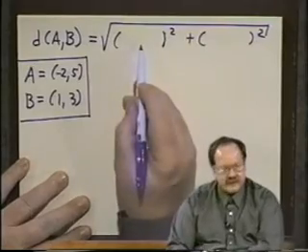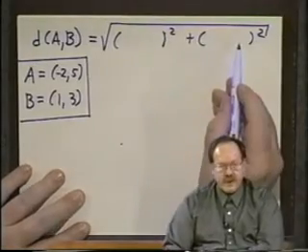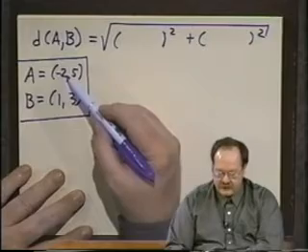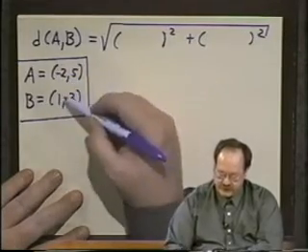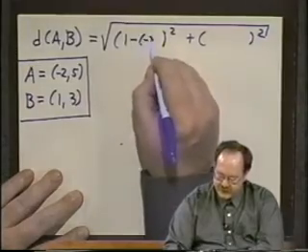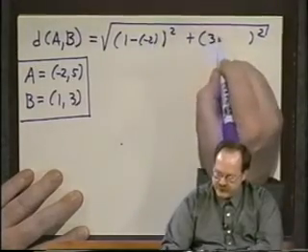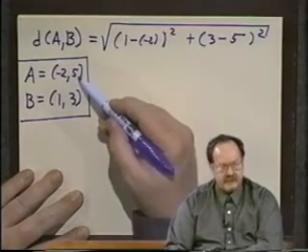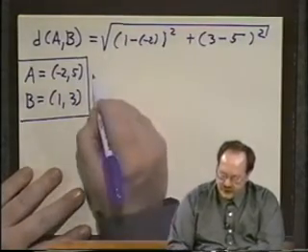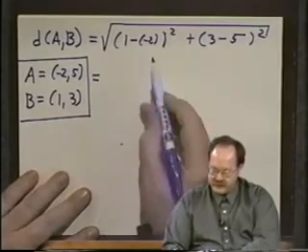Here I have the difference of the x's. Here I have the difference of the y's. I'll choose the first one to be the first point and this to be the second point. So 1 minus minus 2. And here I'll put in 3 minus 5. Be consistent.